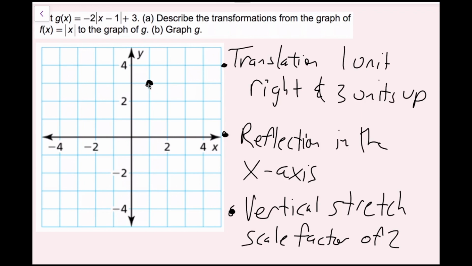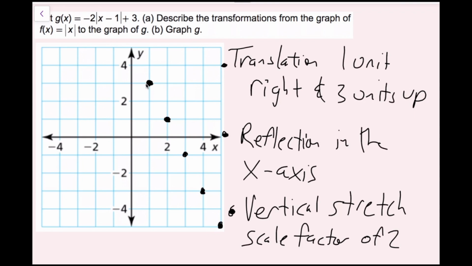So for the first one, I'm going to go down 2, right 1, and then keep doing that. I like to have all my points go all the way until I can't fit any more on the graph. That's going to give me the most accurate one.